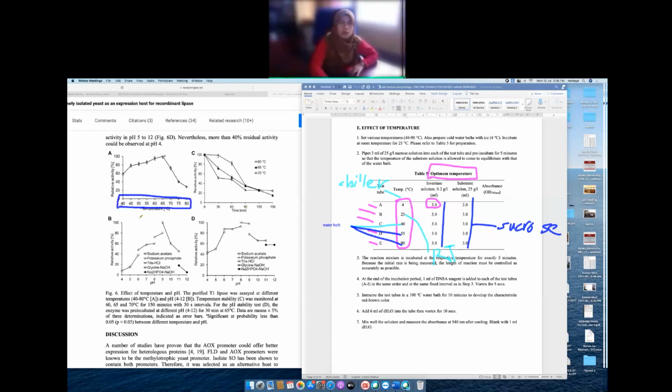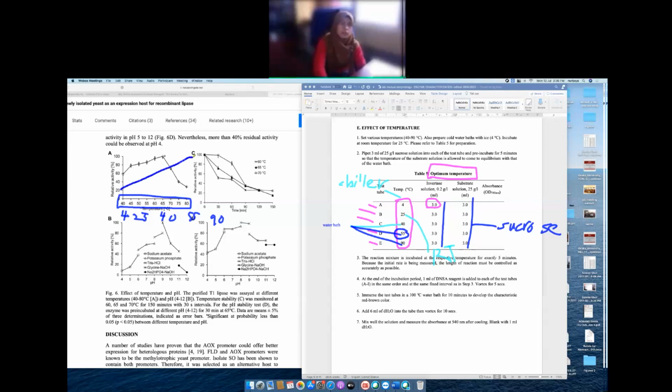For us, we have 4, 25, 40, 55 and 90. The x-axis should be the temperature, and the y-axis is still the relative activity. We want to find at which temperature will give the highest. For this study, the answer will be 55 degrees. So the graph will be like this.